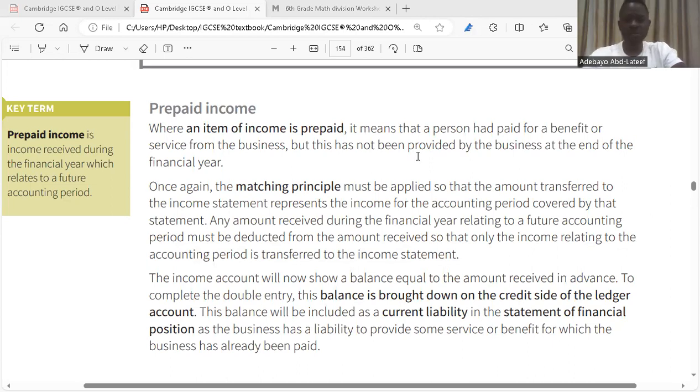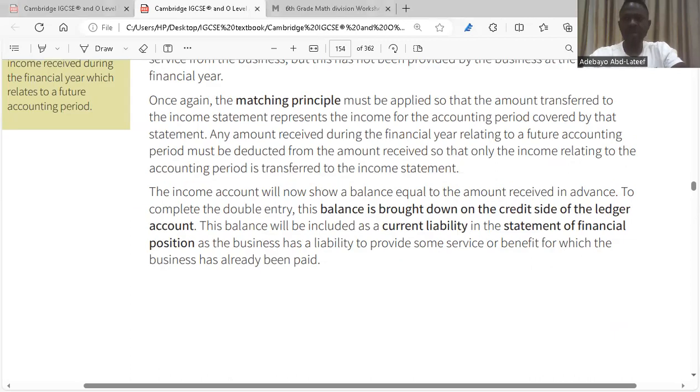So once again, the matching principle must be applied so that the amount transferred to the income statement represents the income for the accounting period covered by that statement. Any amount received during the financial year relating to a future accounting period must be deducted from the amount received so that only the income relating to the account period is transferred to the income statement.